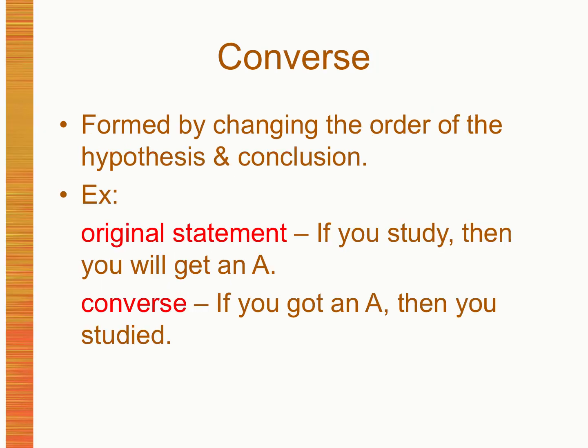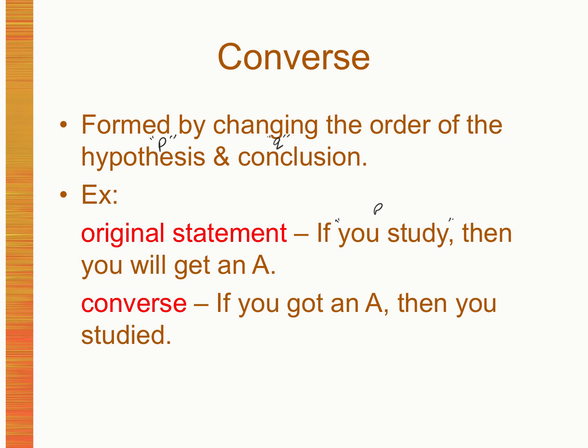So now we're going to go from the original conditional statement to some alternatives or variations of it. The first one is the converse. A converse is formed by changing the order of the hypothesis and the conclusion. In other words, we're swapping the P and the Q. So the original statement says, if you study, then you will get an A. If you study is your P, right?